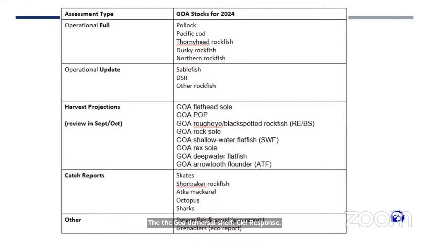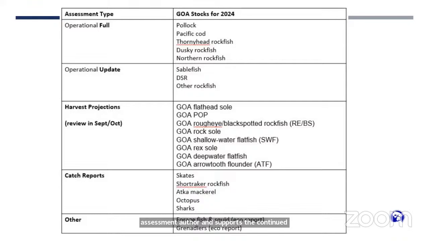And I think that we can say that the SSC appreciates the update on the CIE review of the DSR research model, which is the Bayesian surplus production model, and the work that's been done by the previous assessment author in response to that CIE review. The SSC appreciates the efforts of this previous assessment author and supports the continued exploration of this research model for DSR as time allows.